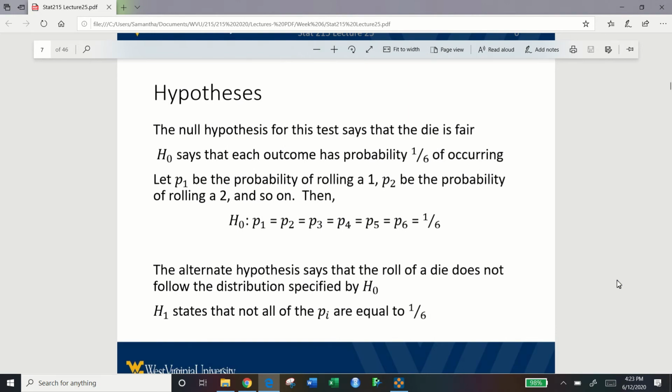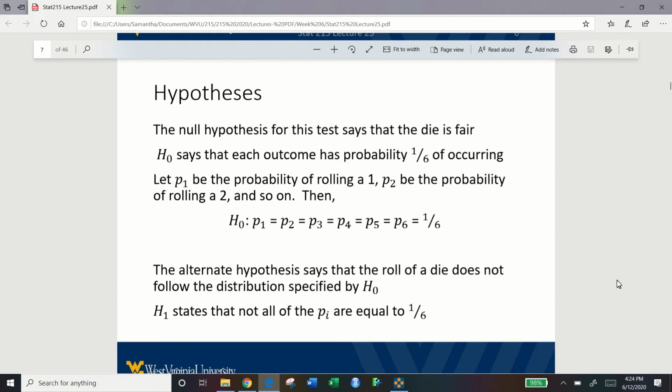In this case, our null hypothesis is going to be that the die is fair. The null hypothesis says that each outcome has a probability of 1/6 of occurring. We let p1 be the probability of rolling a 1, p2 be the probability of rolling a 2, and so on. So our null hypothesis would state that p1 is equal to p2, which is equal to p3, which is equal to p4, which is equal to p5, which is equal to p6, which is all equal to 1/6.